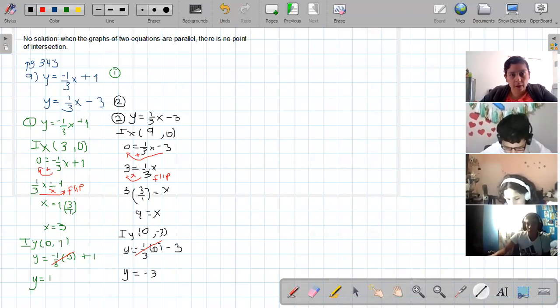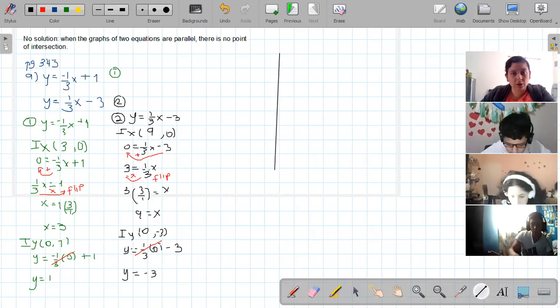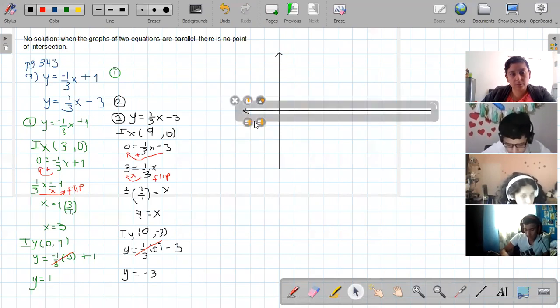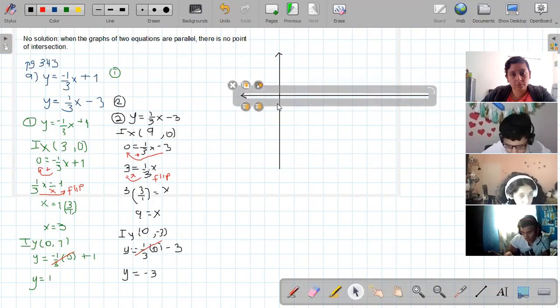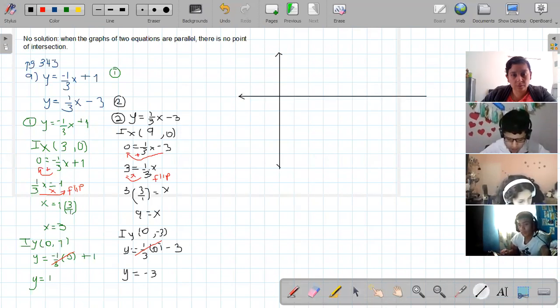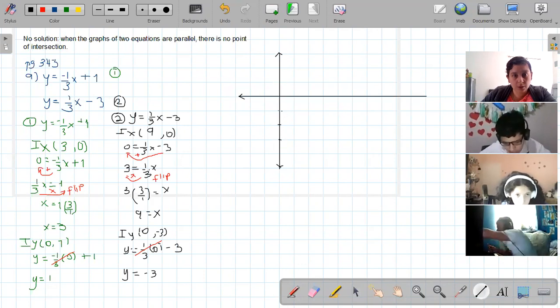So it could be small on the y's and a little bit longer on the x. -1, -2, -3, +1, +2.